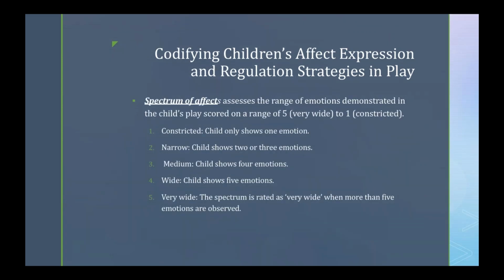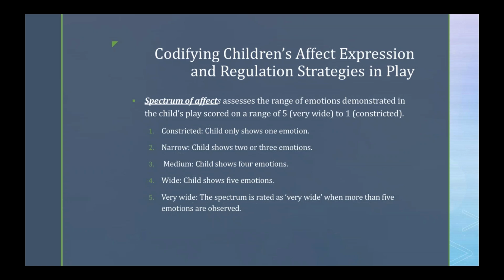The next affect structure item of the CPTI assesses the spectrum of affects, meaning the range of emotions in the child's play. It can be very wide, he or she can show a lot of emotions, or constricted. So this is a fairly simple item in that we identify the feelings and then count them to give a relevant score.